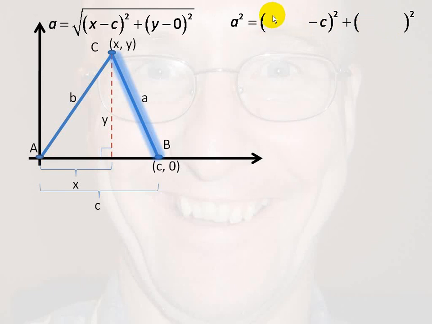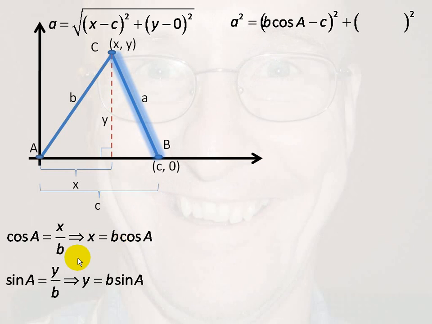Now, I want to make a substitution in here for x and a substitution for y. And here's how I'm going to proceed. I'm going to observe that cosine A is the adjacent over hypotenuse, so x over b. And then I multiply both sides by b, and I have x equals b cosine A. So I'll put that in place of x. And for y, I'll consider sine A, where I have opposite over hypotenuse, which is y over b.